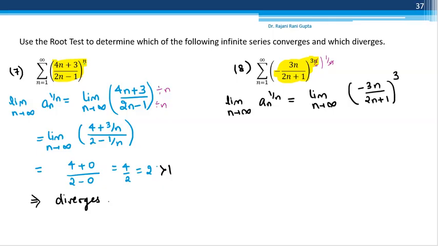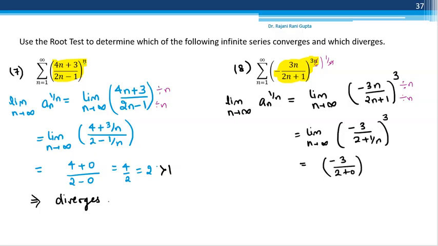Okay? If you practice more frequently, you will easily be able to do the calculation. Now divide both numerator and denominator by n, only the inner one, so actually we are dividing by n to the power 3. So this is equal to the limit as n approaches infinity of minus 3 over 2 plus 1 over n, the whole to the power 3. What will this give you? Minus 3 over 2 plus 0, to the power 3.